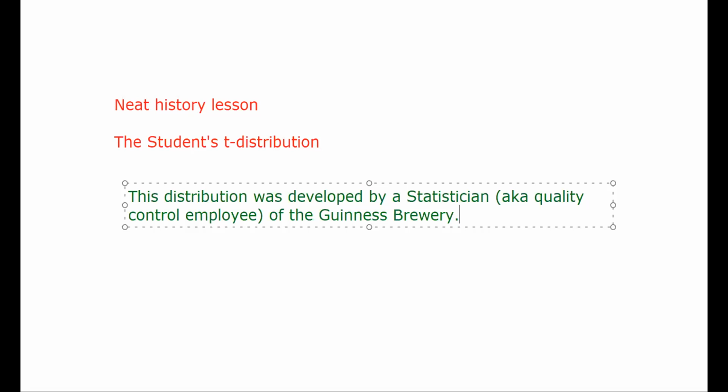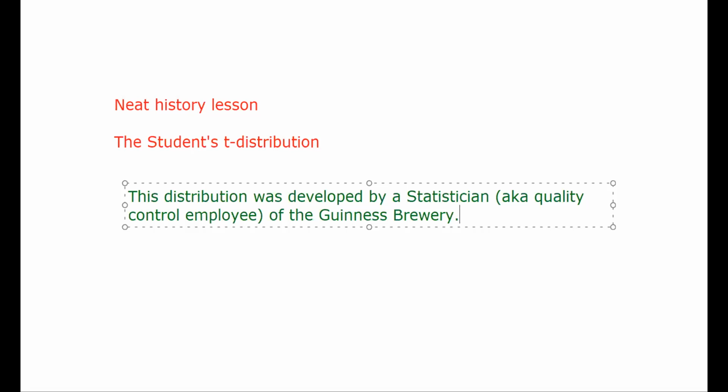So this was developed. However, Guinness Brewery realized they were sitting on this amazing thing. They're like, wait, someone just revolutionized statistics while working for us? Well, we don't want other breweries to have our secrets and make their product better using the secrets we developed at our own place, paying this guy out of our own pocket.